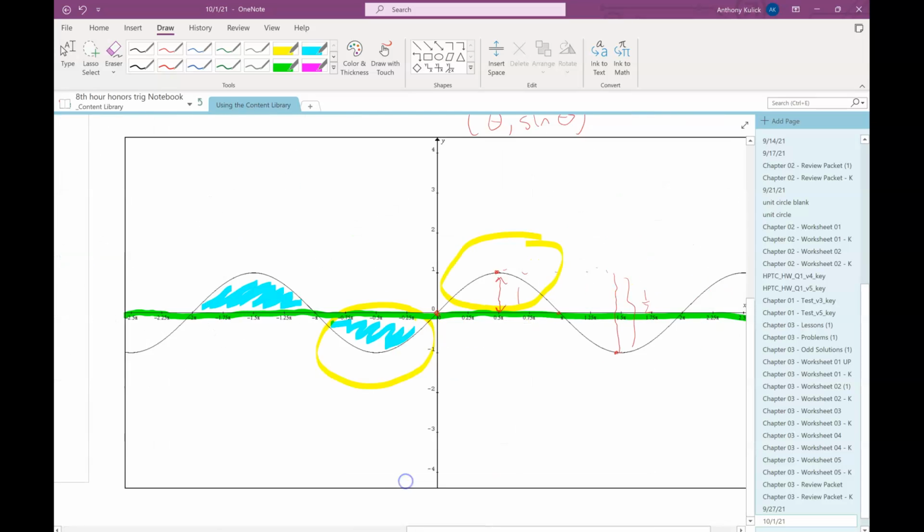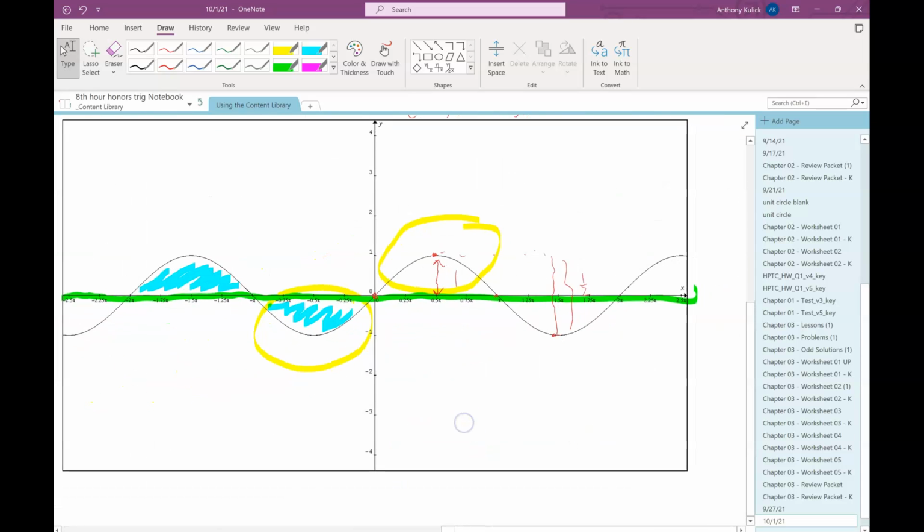If we look at the graph again, we notice that the shape repeats. If I start here, I have an up hump and then a down hump, and then it starts over where I have another up hump, another down hump.